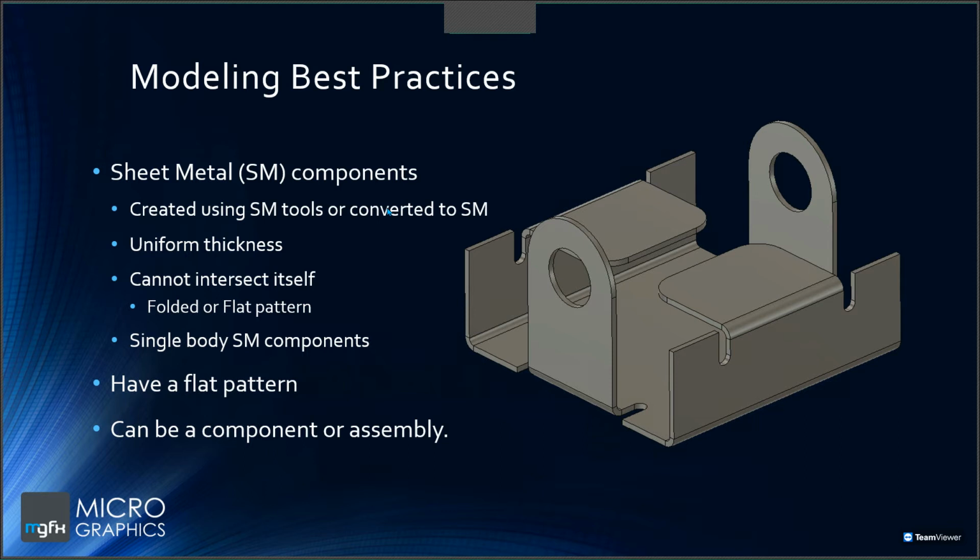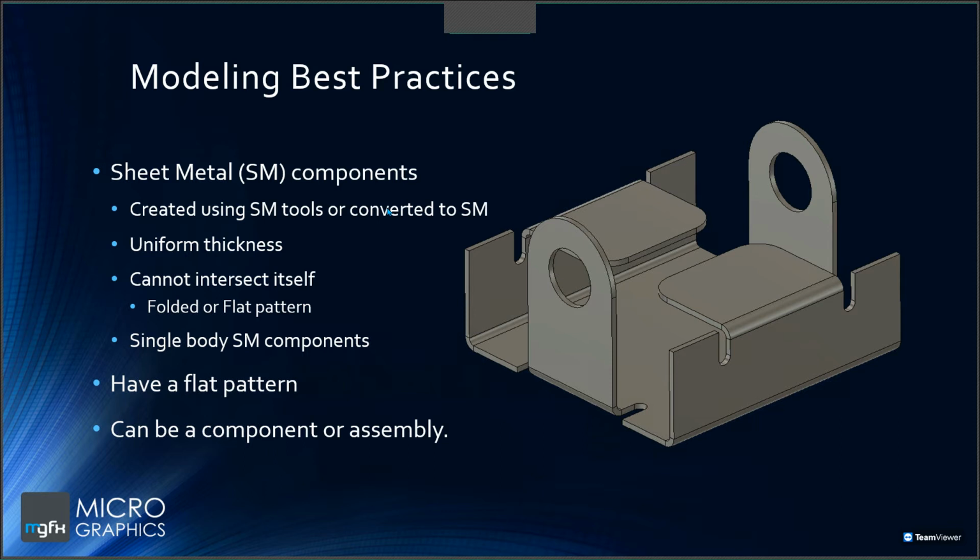However, it still brings in standard components as well. So it will consider all of the components essentially within your assembly, whether it's sheet metal or standard. However, there are still some best practices that would be helpful to follow.